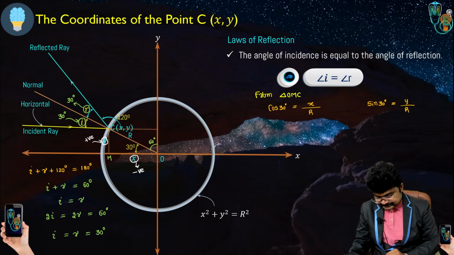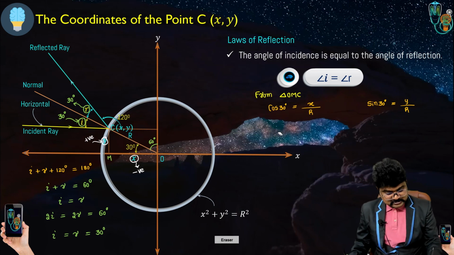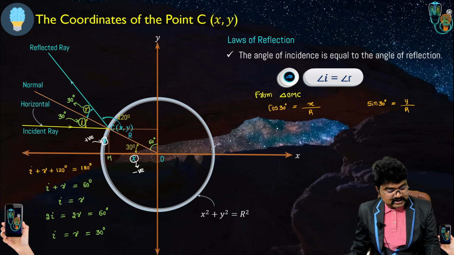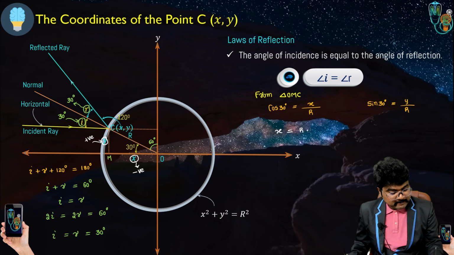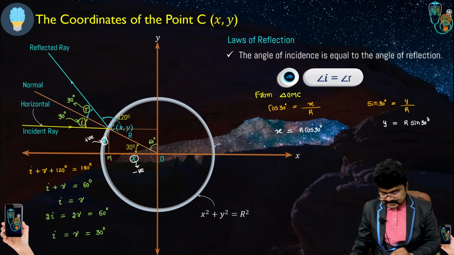So here, what is X? X equals to R cos 30. Y equals to R sin 30 degrees.